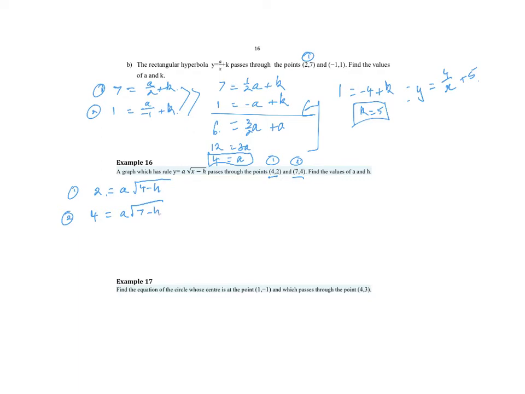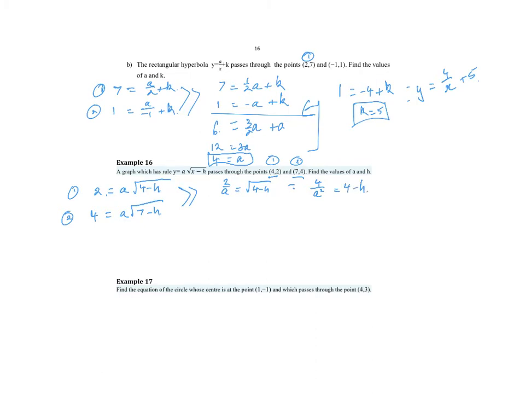So just to manipulate this one, I guess the square root sign is always a little bit messy. So what if we sort of try to tidy that up a bit? So if I divide by a, I get 2 over a is equal to square root of 1 minus h, which implies then that 4 over a squared is equal to 1 minus h.